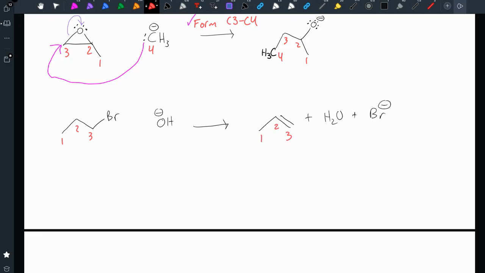And what's tricky about it is if I look at my product, I'm going to draw out this H2O. I'm going to fill in my lone pairs.